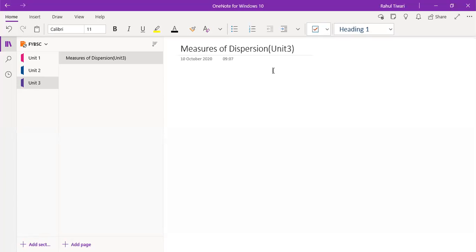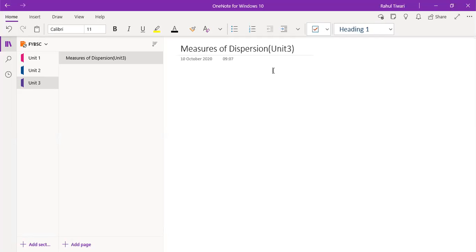Okay. So what does this measure of central tendency actually do? The measure of central tendency just gives the idea about the central value, which can be mean, median, mode, etc. But it doesn't reveal more characteristics about the data.